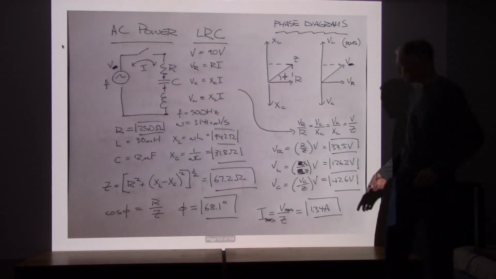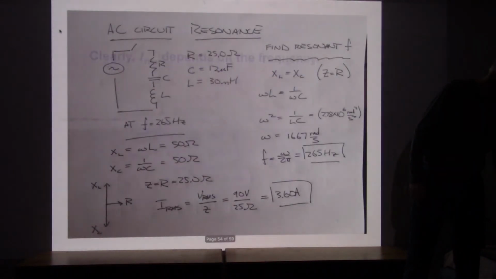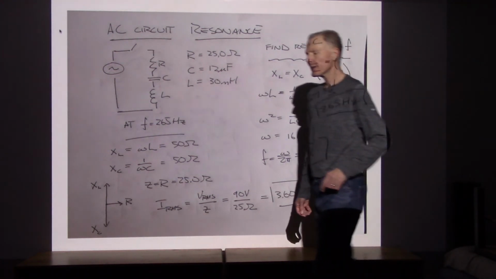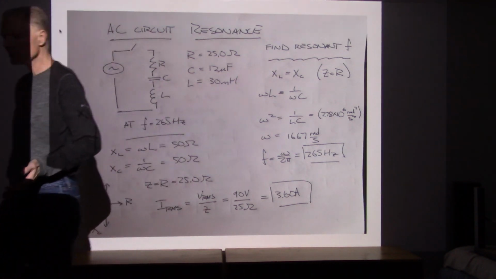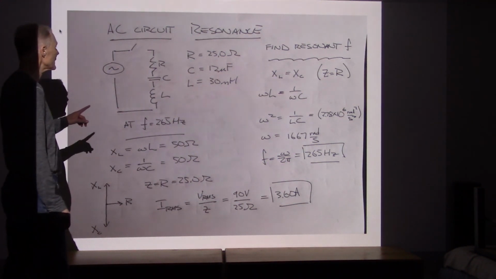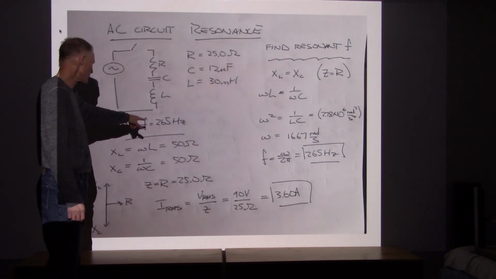The current we had before was 1.34, and at this different frequency we're getting 3.60. Now this effect is called resonance, and it says that this circuit is being operated at resonance frequency.